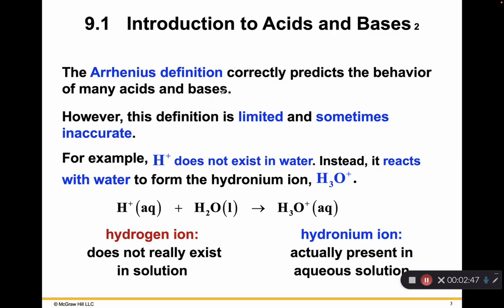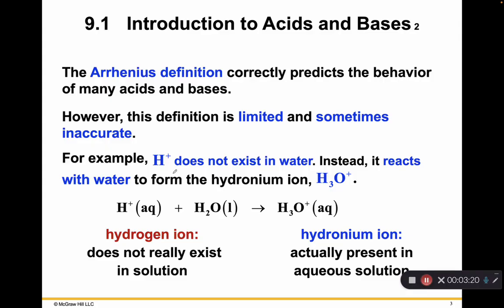Arrhenius' definition correctly predicted the behavior of many acids and bases. We could classify compounds into acids and bases on the basis of that definition. However, that definition is limited and sometimes inaccurate. For example, the H plus which we say is given away by the acid does not exist in water.